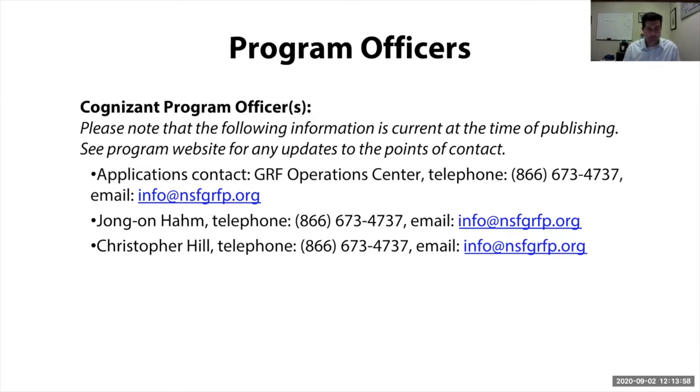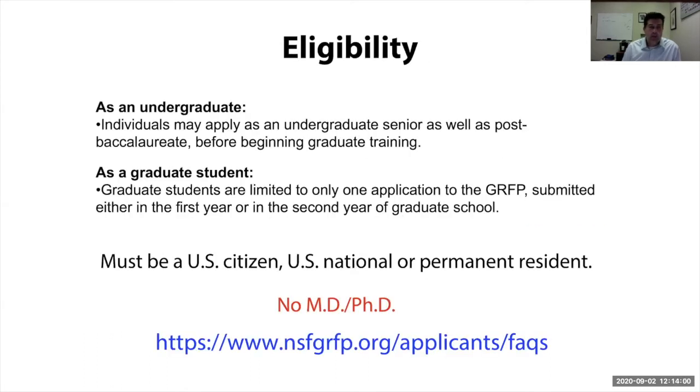Okay. All right. Now, another important point before we get into the details of the application is eligibility. Okay, so we talked about deadlines, we talked about what the fellowship is. I think it's important also to mention who is eligible for this fellowship. So in general, you can apply for this fellowship only one time as either an undergraduate or a graduate student.